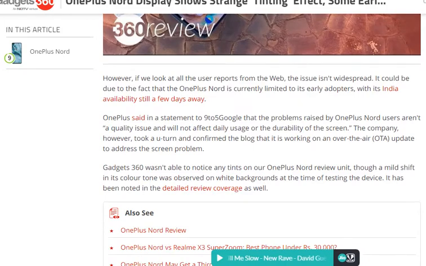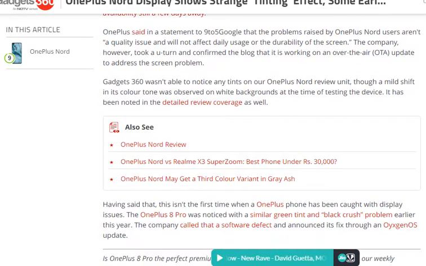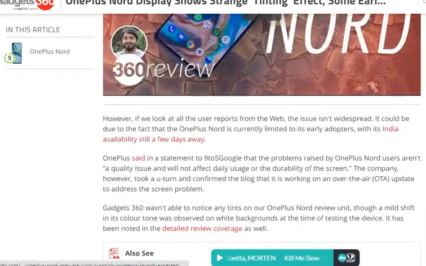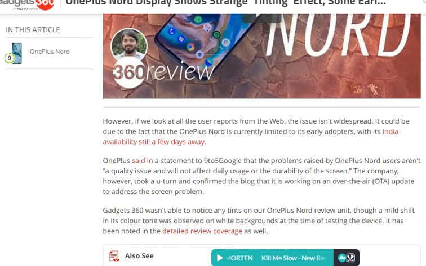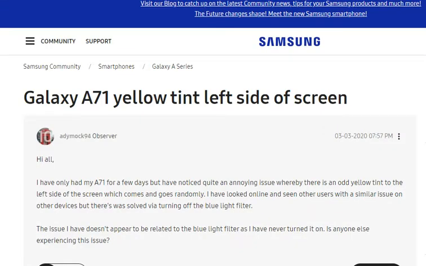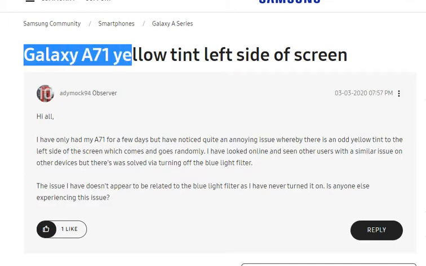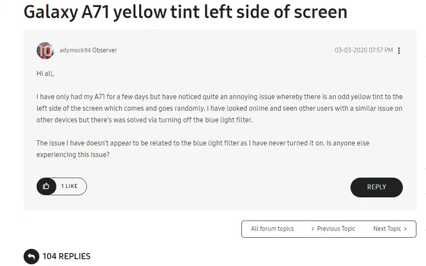Now the issue regarding this green tint is not only faced by OnePlus but also by Samsung. Some phones like the Samsung A71, the S10 Lite or the Note 10 Lite have some complaints regarding this also. If you see on the Samsung community website, there are complaints about this issue that people having the Samsung A71 are facing.